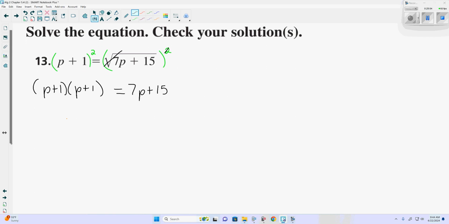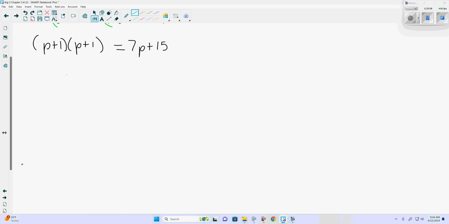Now on the plus side, p squared and 1 will be a part of the simplified form on the left, but it's not going to be everything. Because our first thing when we distribute p times p is p squared. P times 1 is plus p. 1 times p is plus p. And lastly, 1 times 1 is plus 1.